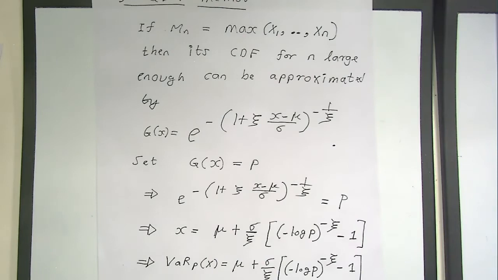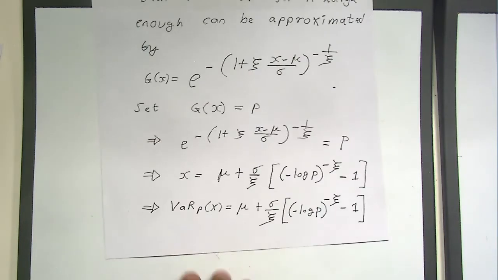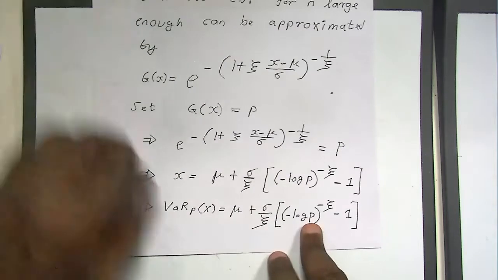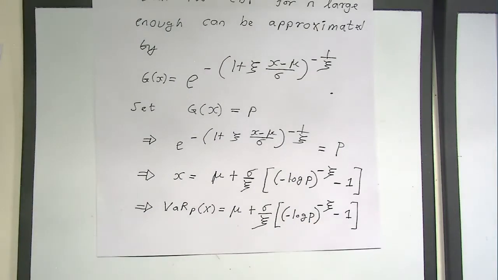Do you follow what I've done, guys? What I have done is to set the CDF of the GEV distribution equal to p and solve for x in terms of p. And if you do that, you will get this as the formula for VaR.